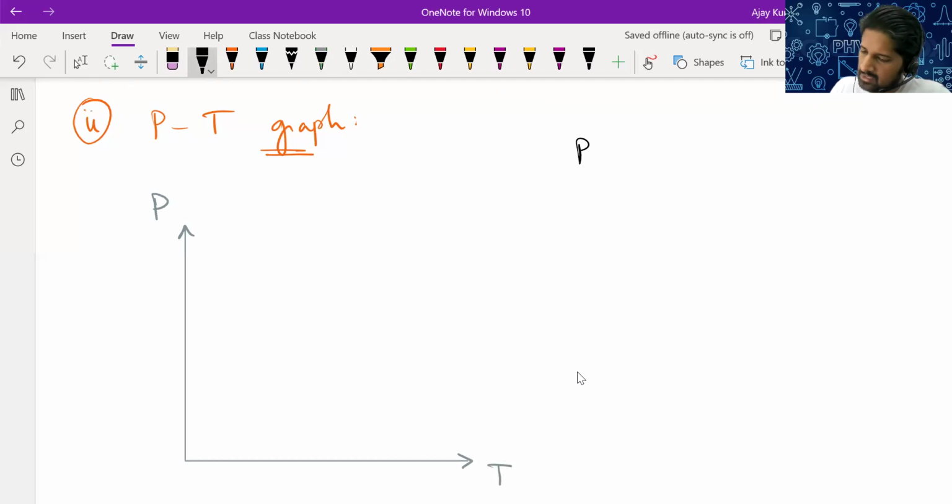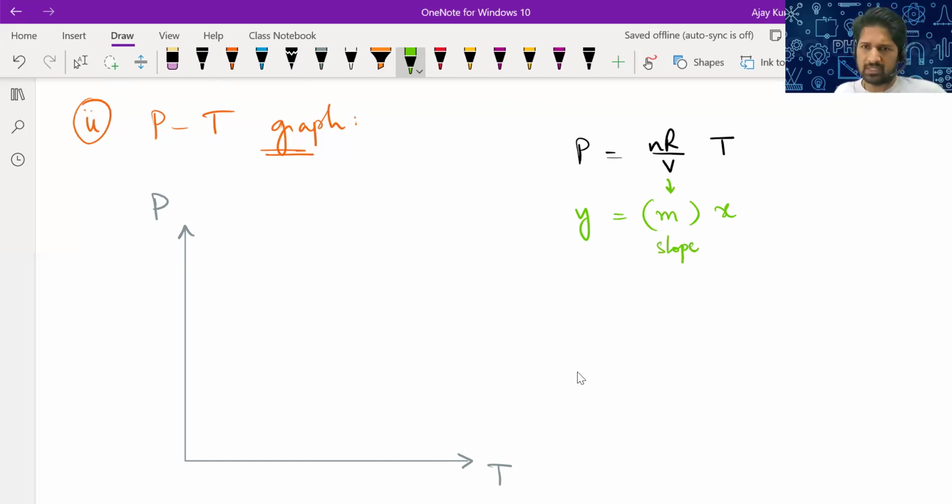P is equal to nR by V multiplied with T. We are taking pressure on the y-axis. So nR by V will be the proportionality constant. Temperature is being taken on the x-axis. So the proportionality constant between y and x is what you call the slope of the graph. y is equal to mx. So the slope of the pressure temperature graph in an isochoric process, a process where volume remains constant, will be nR by V.